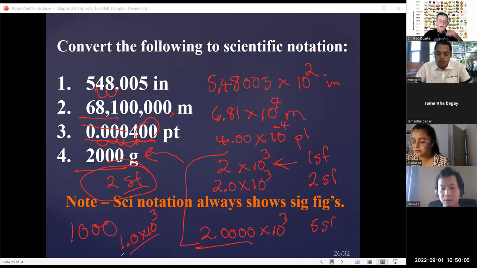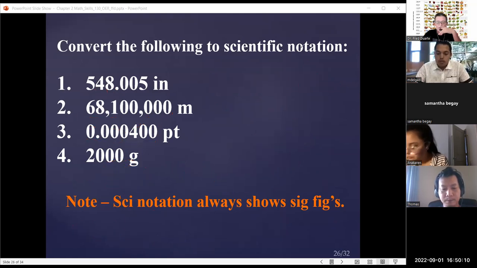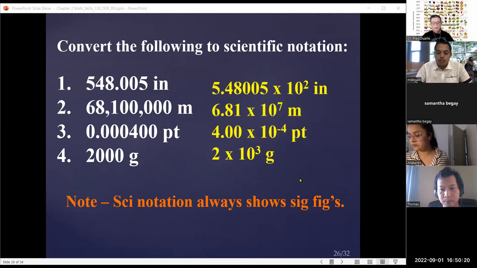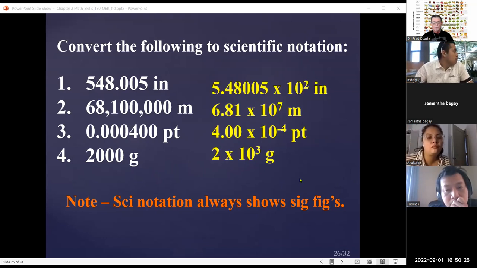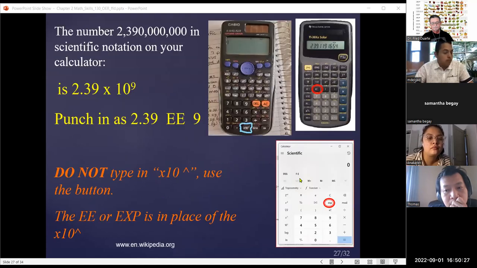Okay, so that's what I mean by when in doubt, and if you're not 100% sure how to write it longhand with the correct number of sig figs, simply convert it to scientific notation. There's no ambiguity there. Okay. All right, because scientific notation always shows your sig figs.